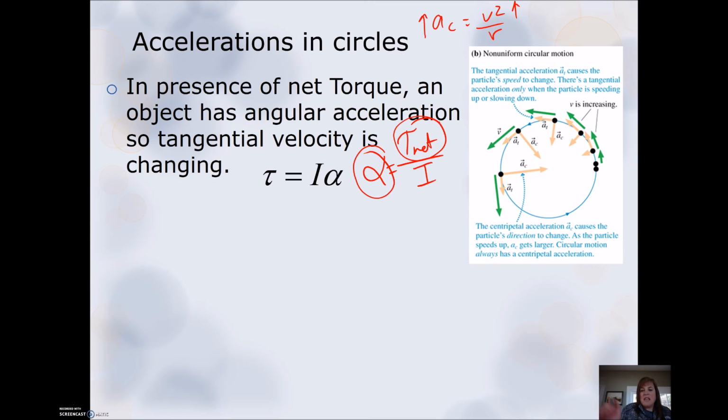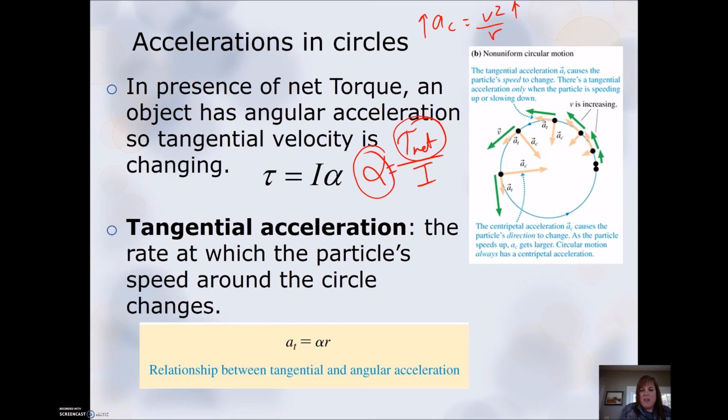And remember we have this equation, that the tangential acceleration, not the centripetal, but the tangential acceleration is equal to alpha r. So because this is constant, then this is constant. And that's why when you look at this picture here, these arrows, my tangential acceleration arrows, are not changing.